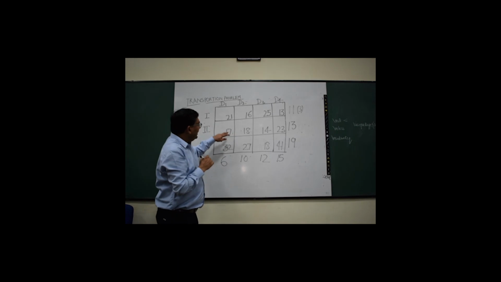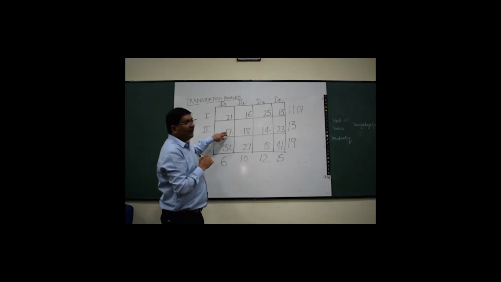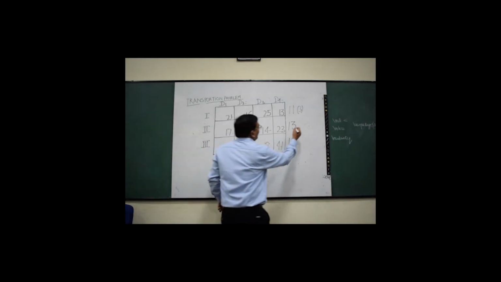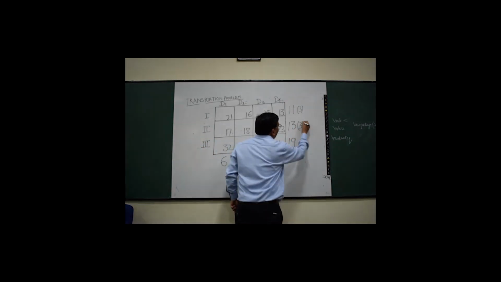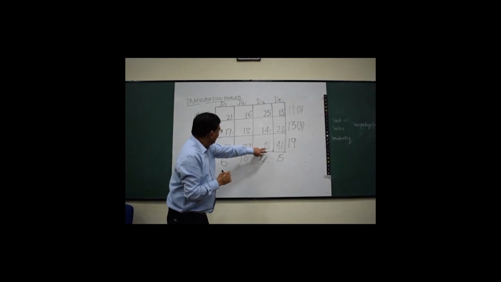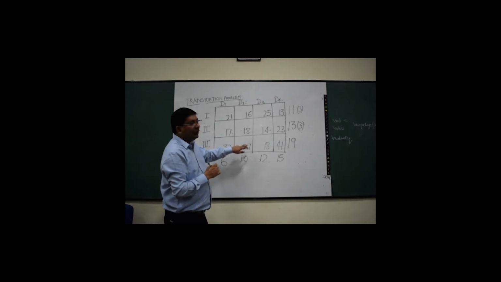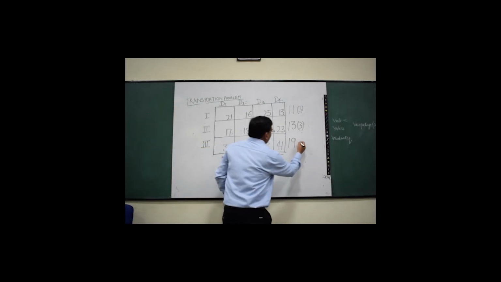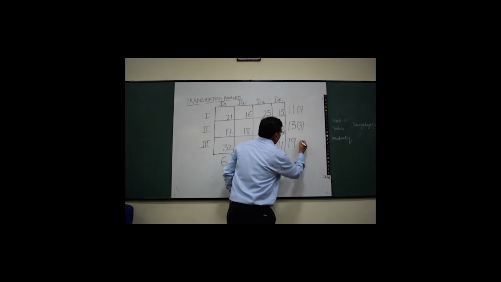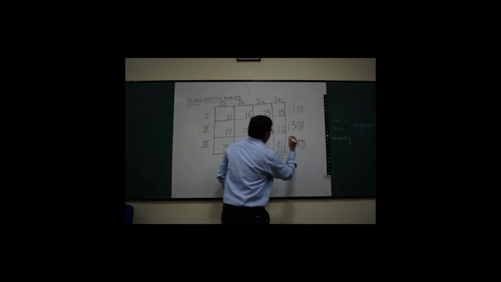Again, the minimum cost in the second row is 14, next to minimum is 17. So the difference is 3 again. Again, the minimum cost is 18, next to minimum is 17. So the difference is 9.